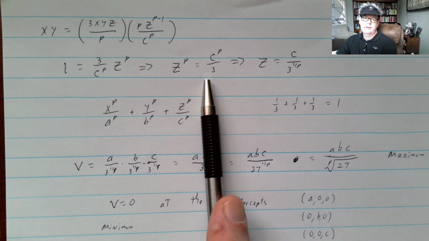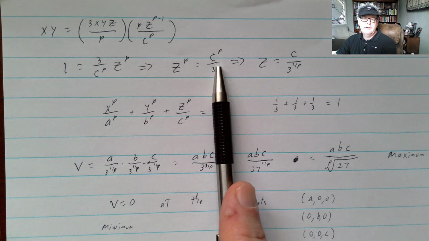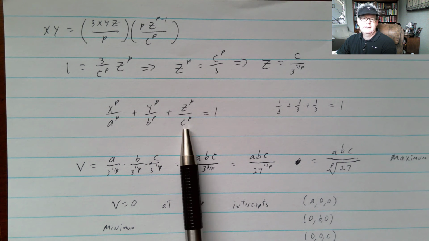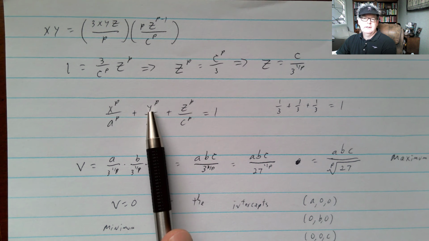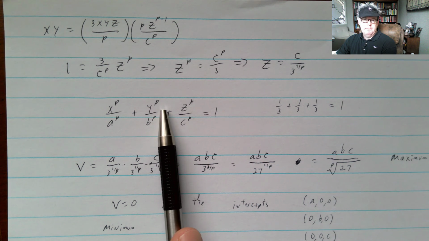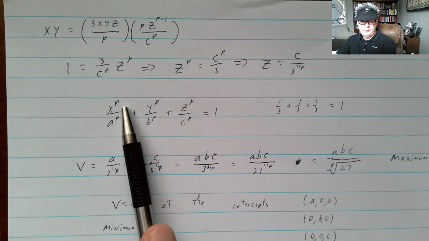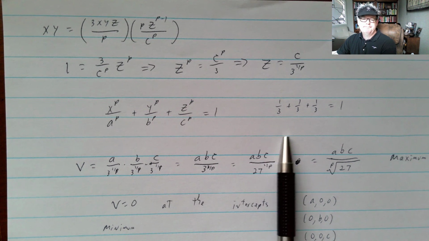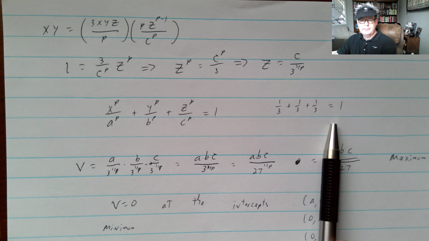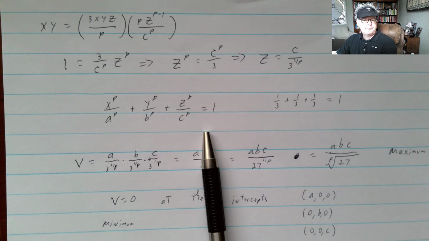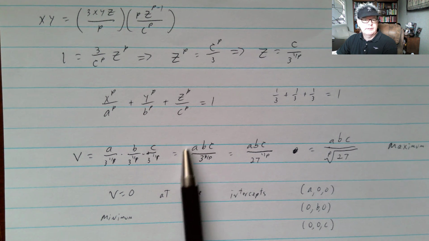Z to the p was c to the p divided by 3. And similarly, y to the p was b to the p divided by 3. And x to the p would end up being a to the p divided by 3. So the x, y, and z's are going to be so that you get 1/3 plus 1/3 plus 1/3, no matter what the surface was.